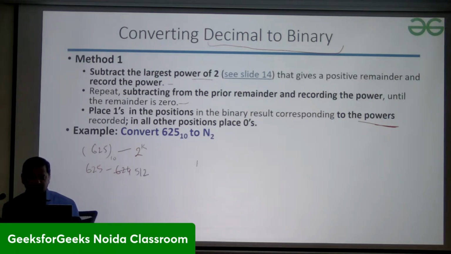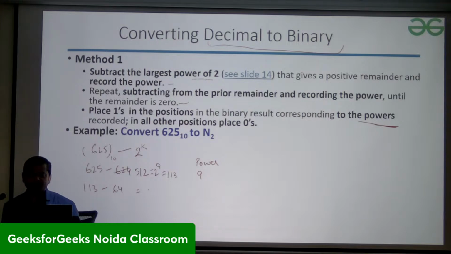Okay, and the power is 9. So this is nothing but 2 to the power 9. Okay, whatever is the remainder over here? 113. Okay, now repeat the step. 113 minus 2 to the power what? Can't be 128. So it is 64.